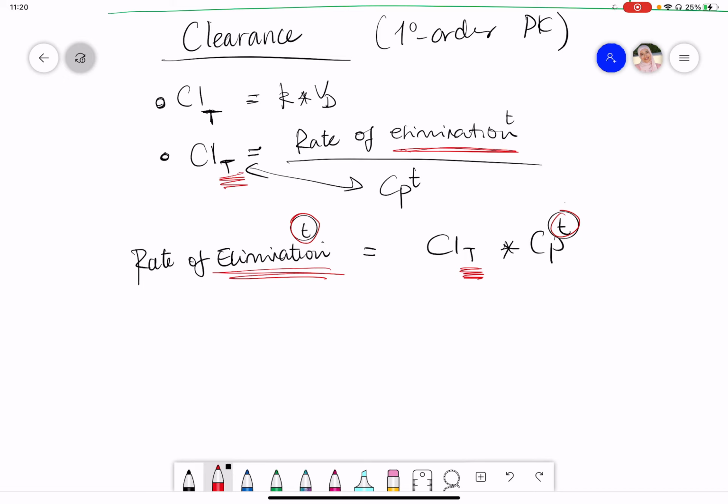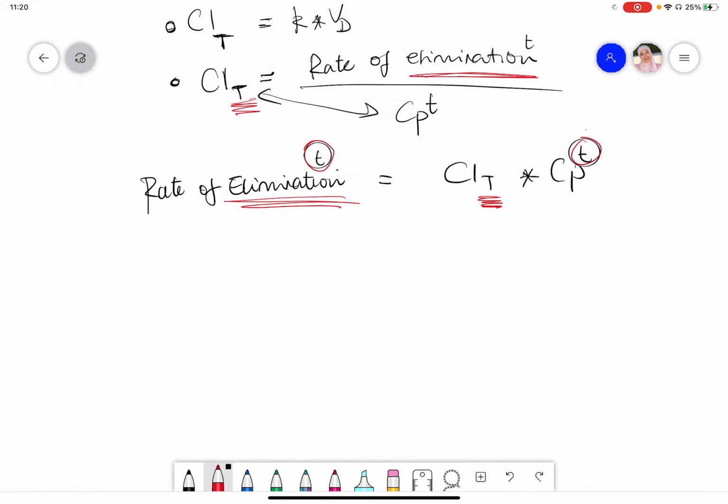Okay, so accordingly, this is for sure, okay, and this is mass over time. So accordingly, if you just determine the unit of this, you'll find the unit of that.